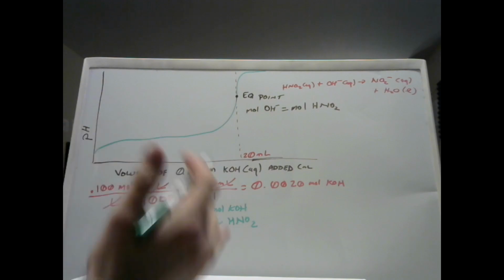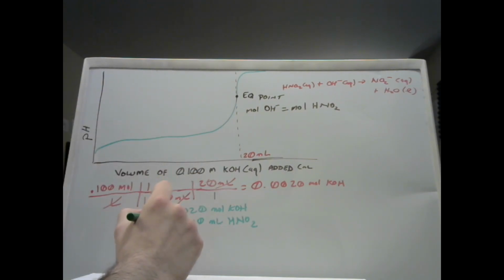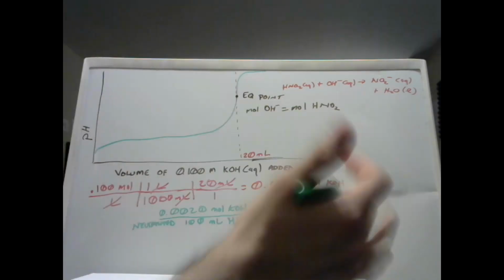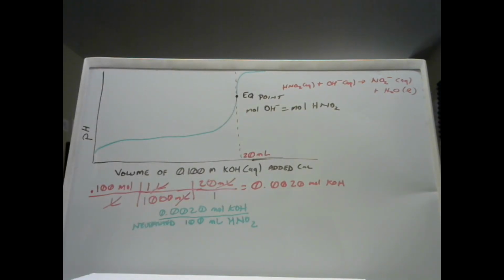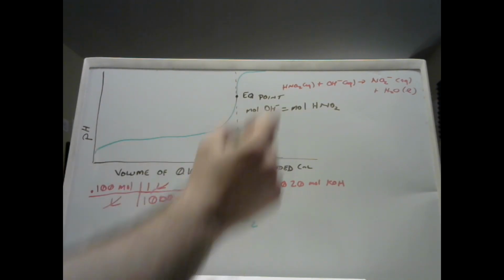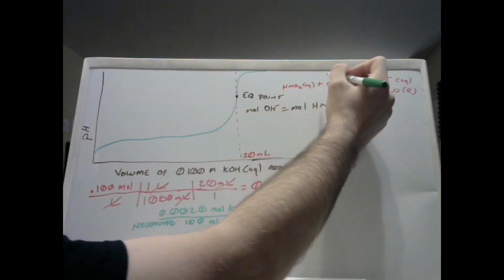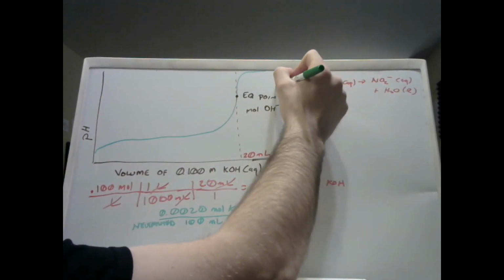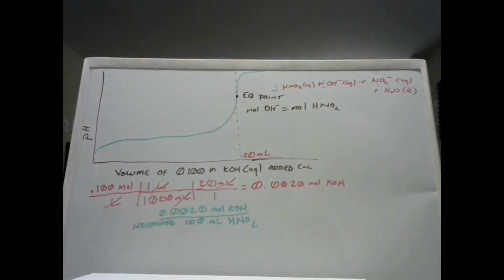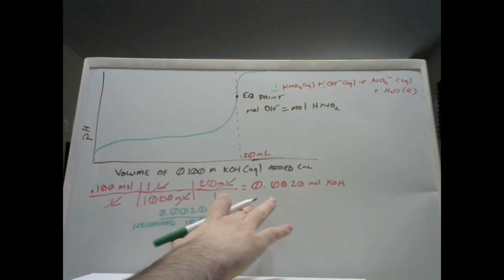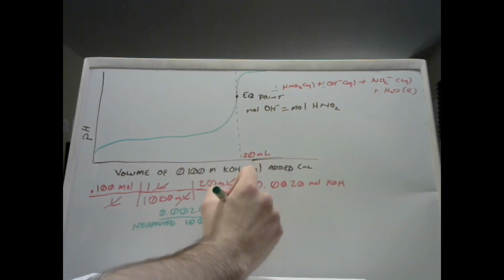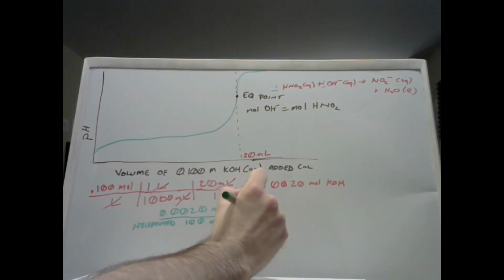These are then equivalent. They're equal to each other, which means I can set up this ratio right here and then convert it over to my next spot. However that works for you in your brain. Regardless, the moles of KOH based on this chemical reaction, because it's 1 to 1, tells us this mole KOH is also your mole HNO2.